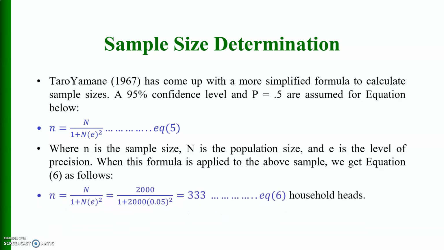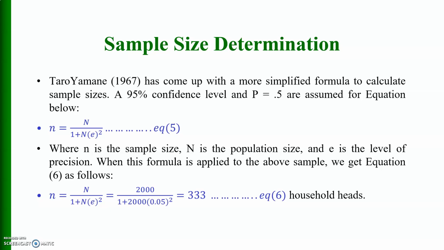And if we look at this equation, it gives us a sample size of 333. Remember, we use a capital N of 2000 that was found earlier in equation 4, and the precision level is 0.05, and using this formula of Taro Yamane, it gives us a sample size of 333.